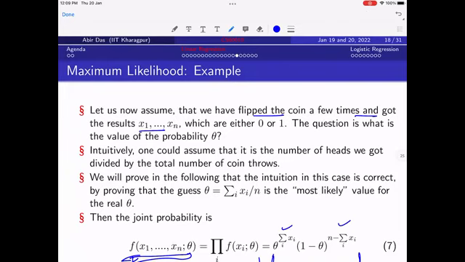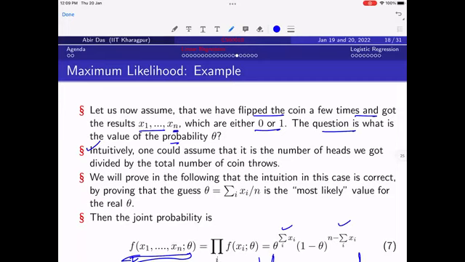In that example, small n was 5, and each result is either 0 or 1, either heads or tails. The question is, what is the value of theta? This is the intuitive thing that we did in any of your statistics 101 courses.